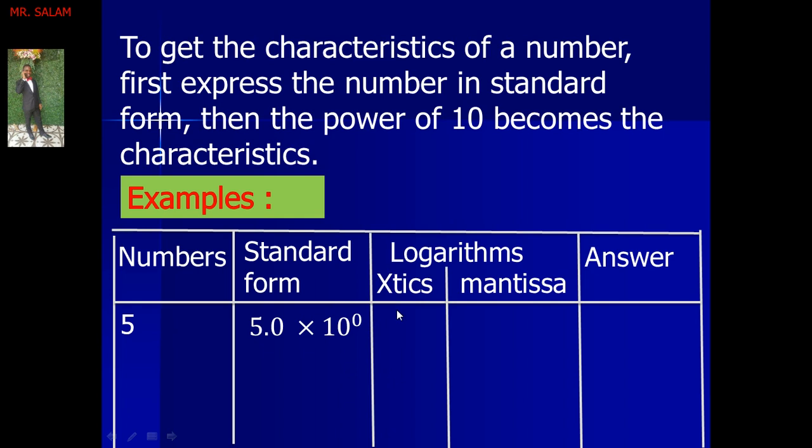So the characteristic would be the power of 10, which is 0. And how do you find the mantissa? You can find that using the logarithm table. We are going to talk about that later. So that will be 0.6990. That is the logarithm of 5.0. So the final answer will be 0.6990.